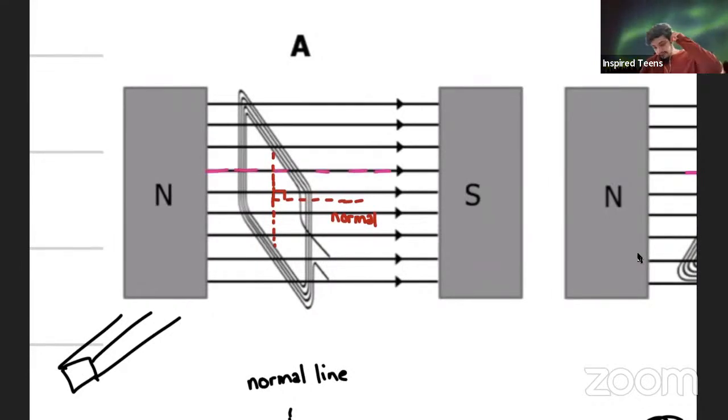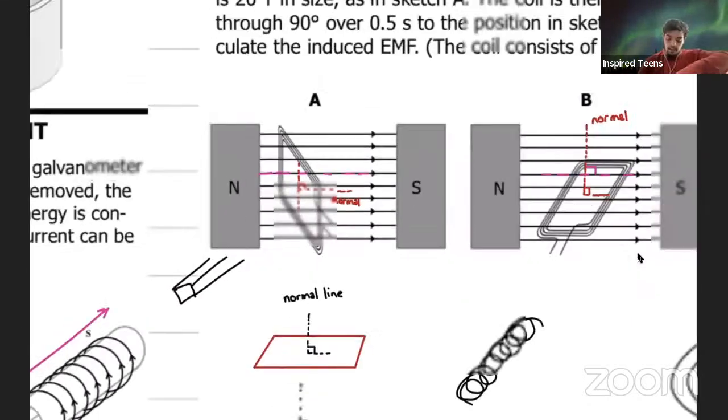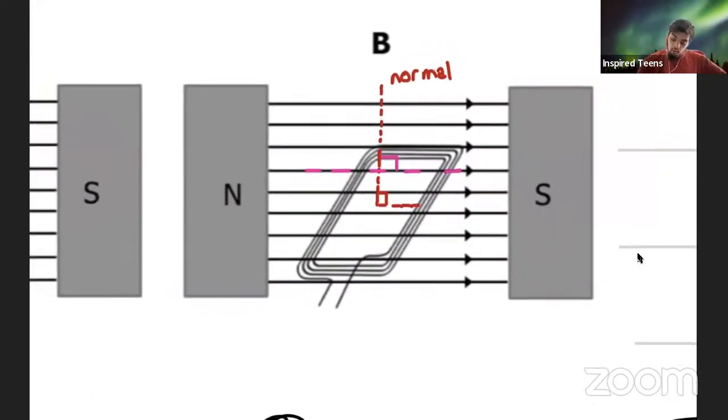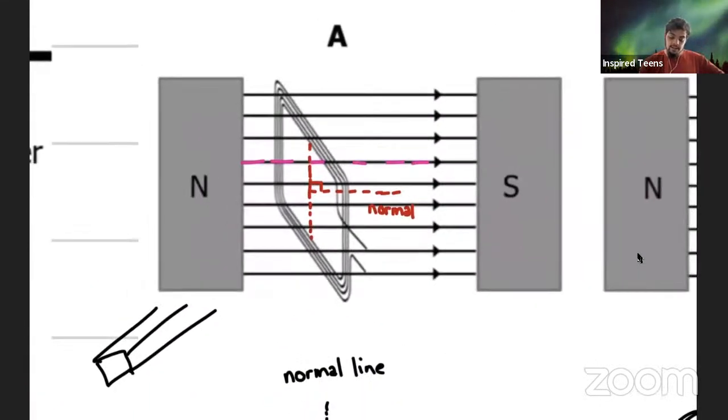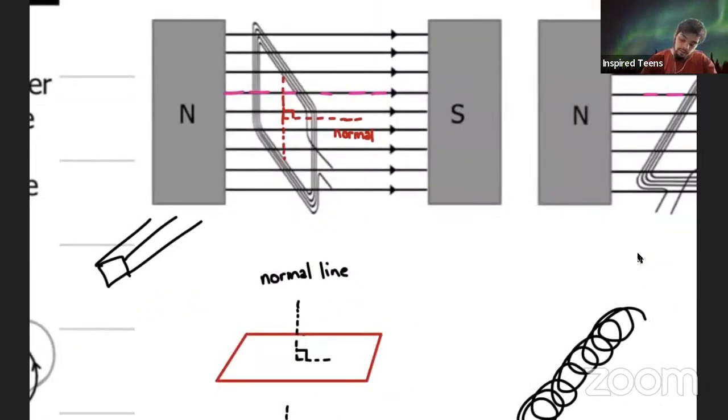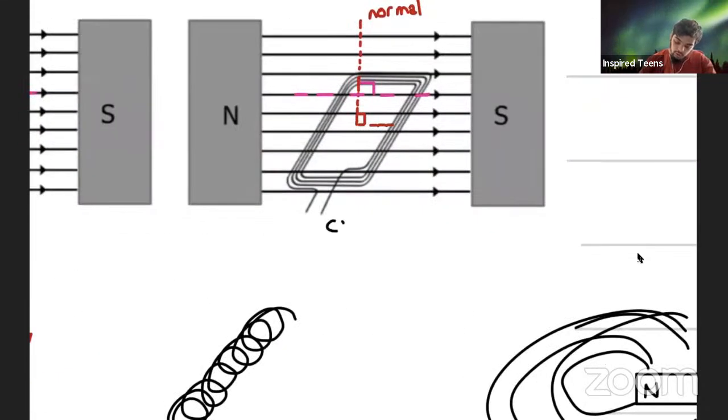Now you can see that the magnetic field lines and the normal line are in the same direction, so the angle between them is 0. They're parallel to each other. Here, the normal and the magnetic field lines are perpendicular. Here they are parallel, in the exact same direction, so the angle between them is 0. So here we'd use cos 0, and here we would use cos 90.